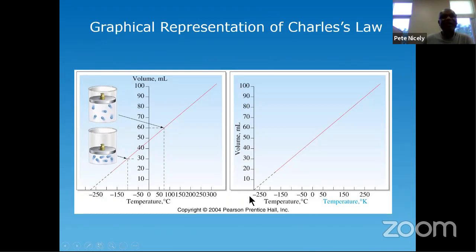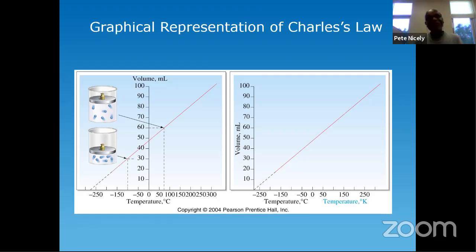So this is the graph that I was just referring to. If you plot the volume versus the temperature in Celsius, you're going to get a straight line, all right? Now, we all know that all gases liquefy if you lower the temperature to a certain level, which would be the boiling point of that particular substance. So of course, if the gas turns into a liquid, then we cannot do any more successive plots of volume versus temperature as you lower the temperature.